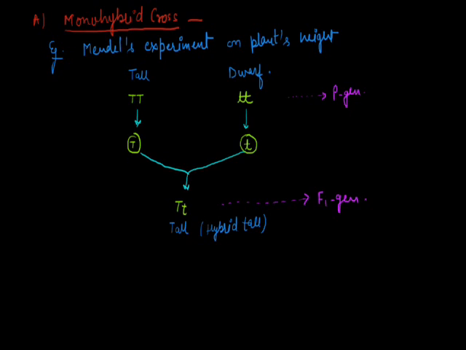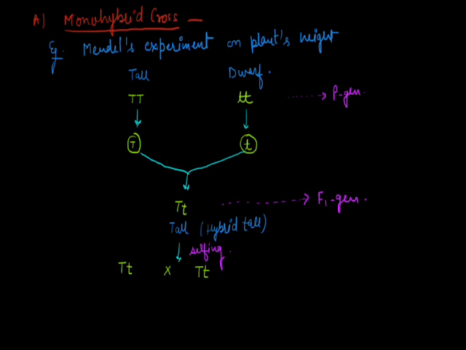Now to form F2 generation, we have to do selfing of F1. So I am going to write here, it's selfing, in which capital T small t crosses with capital T small t.